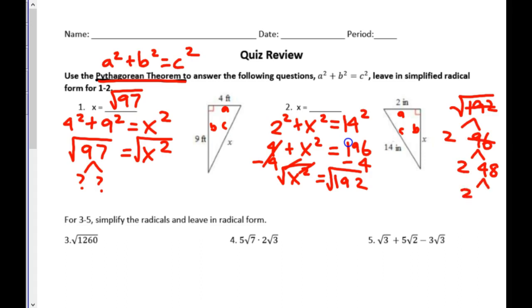2 times 24. 2 times 12. 2 times 6. 2 times 3. That is a lot of 2's. How many pairs do we got? 1 pair? 2 pairs? 3 pairs. 2 times 2 times 2 times 3. I mean, sorry. 2 times 2 times 2, those 3 pairs go out.